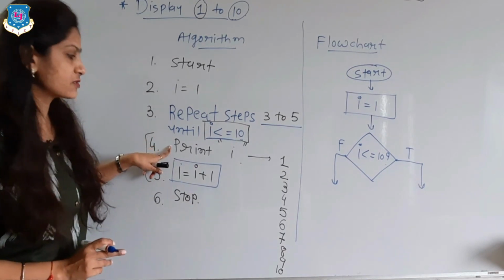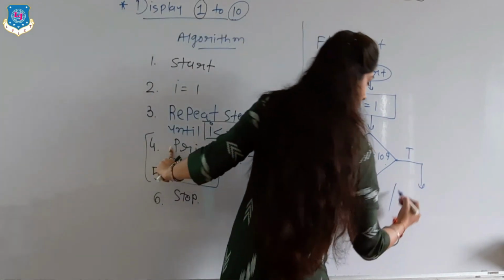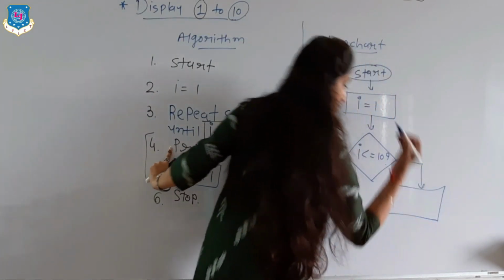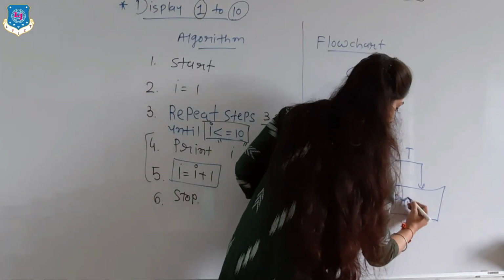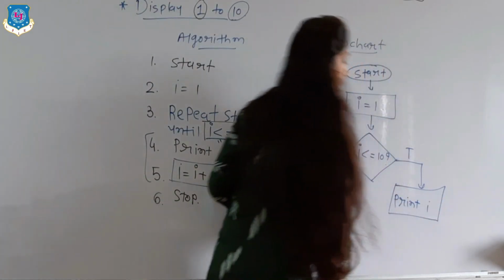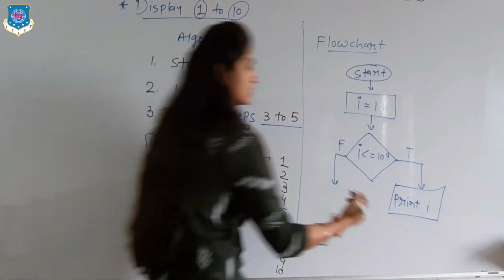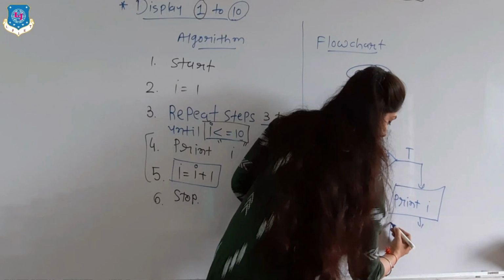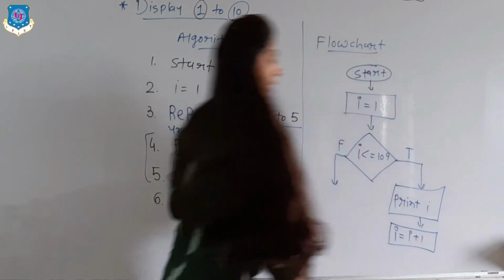So the next step is print, that is our display, and display uses which symbol? Parallelogram. What do we have to write? Print I. After print I, now it is a calculation, that is we have to write it in a rectangle form: I equals I plus 1.